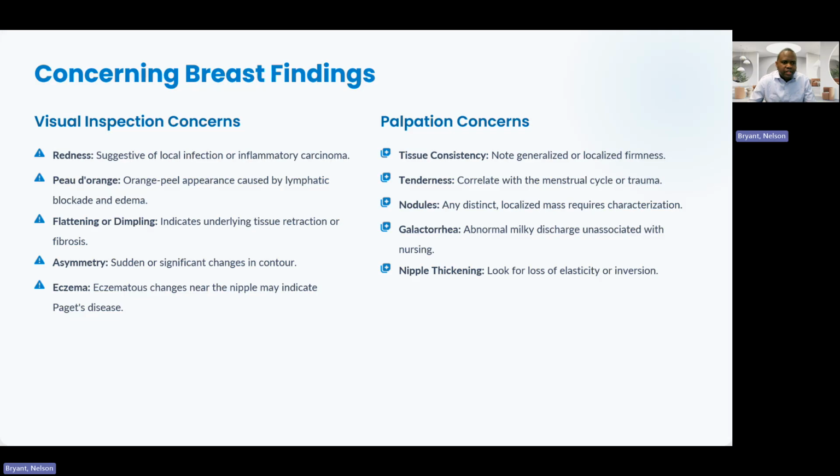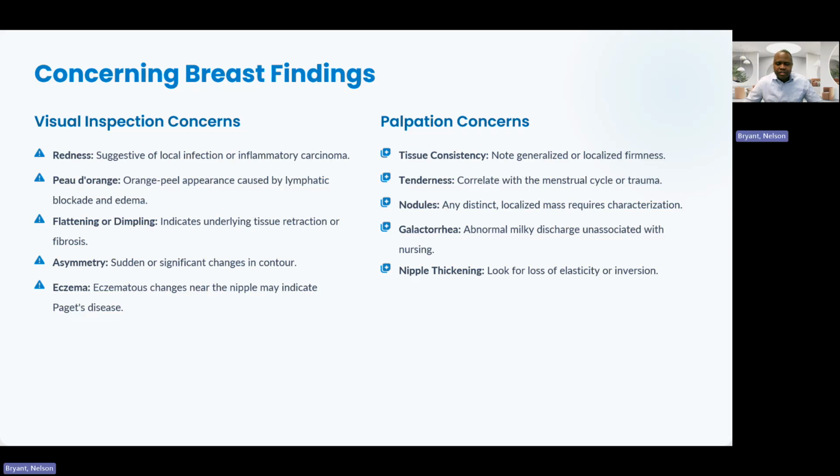So what could be the concerning breast findings? During your initial inspection, did you notice any asymmetry, any dimpling, which may warrant immediate attention, as this can also be an early sign of underlying malignancy. Peau d'orange indicates lymphatic obstruction if you see that, and also severe edema.